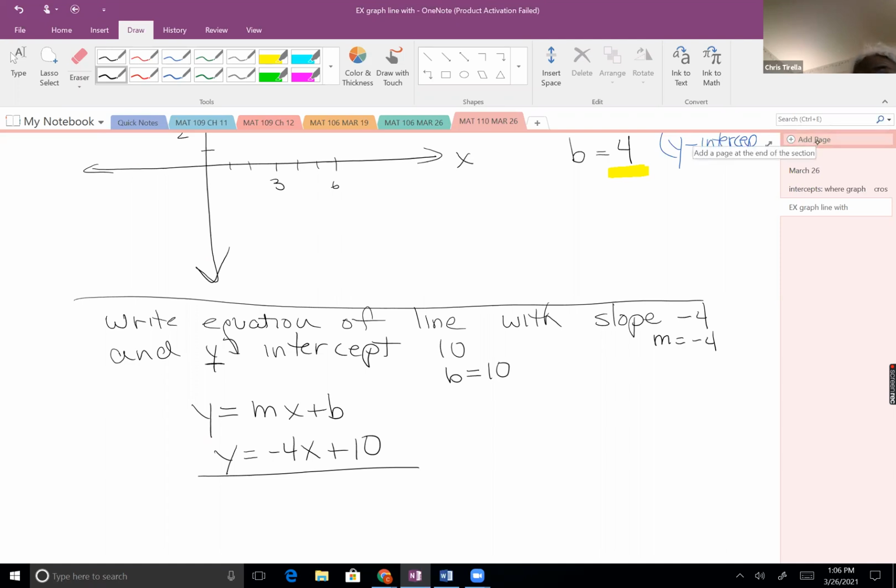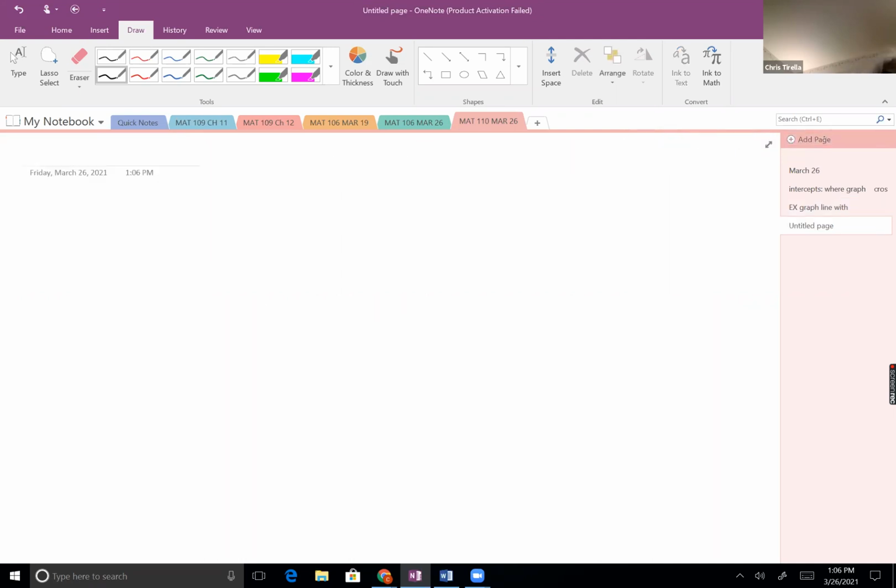There is a third way of graphing a line that, depending on the format that your equation is in, can be easier than the slope intercept. And that's to graph a line using just the intercepts.